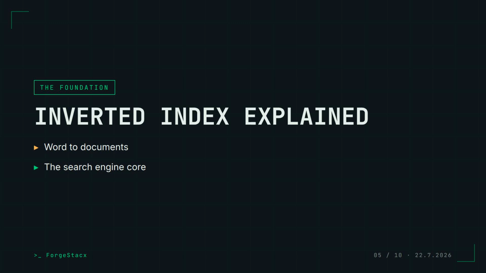So when you search for the word Python, the engine does not scan documents. It looks up Python in the index and instantly gets back the list of matching documents. This is the single most important data structure in search engine design, and building it from scratch in Python gives you a deep intuition for how tools like Elasticsearch actually work under the hood.